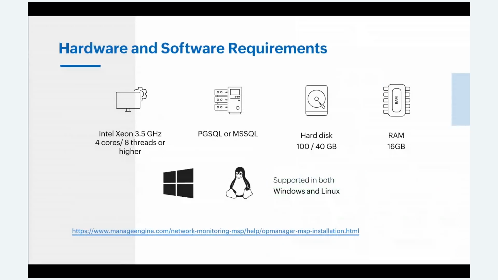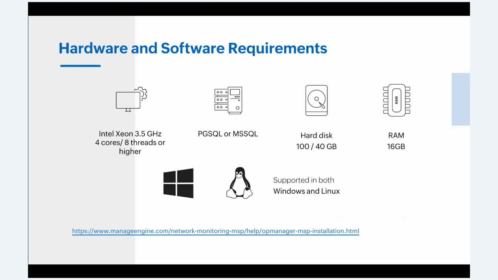Let's now move to software and hardware requirements. We require an Intel Xeon 3.5 GHz, 4 cores or 8 threads or higher processor. OpManager MSP supports both PG-SQL and MS-SQL databases. PG-SQL comes bundled with the product, and we need a hard disk with a minimum space of 100 GB for Central and a minimum of 40 GB for the probe setup, and the RAM requirement is a minimum of 16 GB.